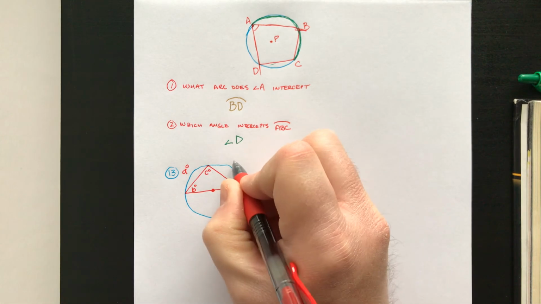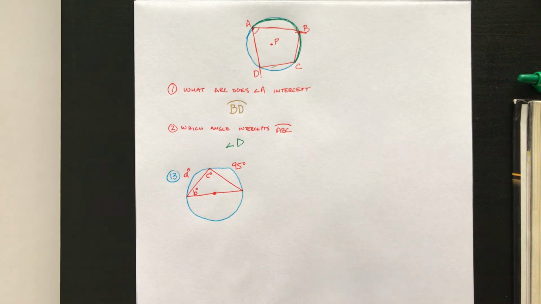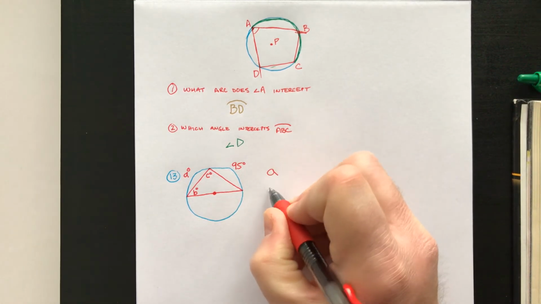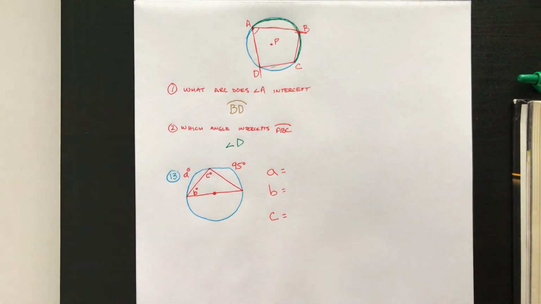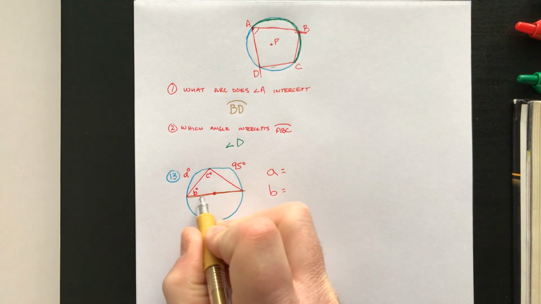They tell us that this is 95. All right. So looking at this problem, once again, I'm going to start with the easiest one. The easiest one is going to be, I would say, C. So we have to solve for A, B, and C. The reason that I say that C is the easiest one is because if this is the center of the circle right there, then I know that this line here is a diameter.